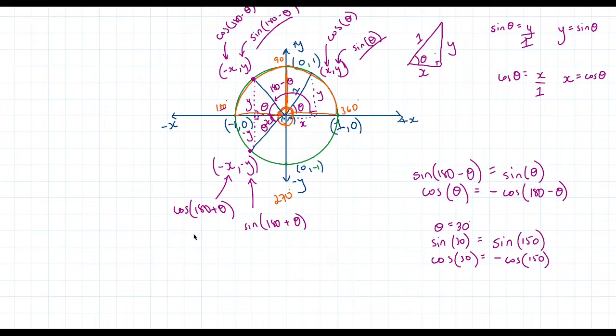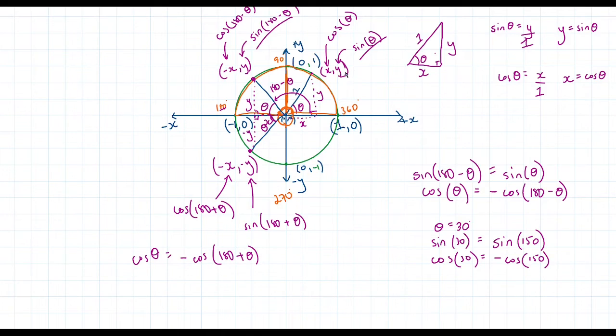So what does that tell us about the third quadrant? Well, in the first quadrant, we knew that cos theta equals positive x, and cos 180 plus theta equals negative x. So cos theta is actually the negative of cos 180 plus theta.